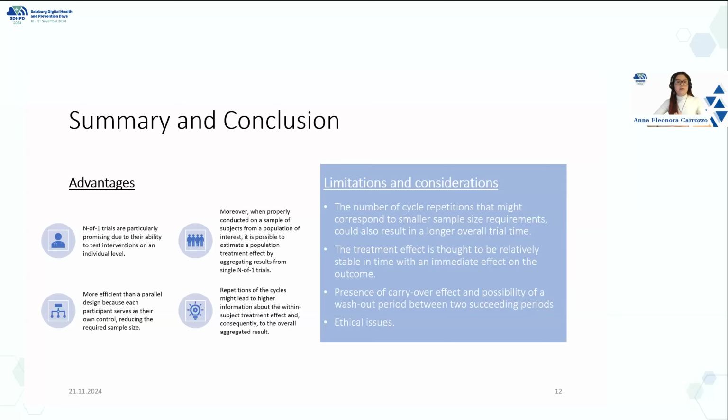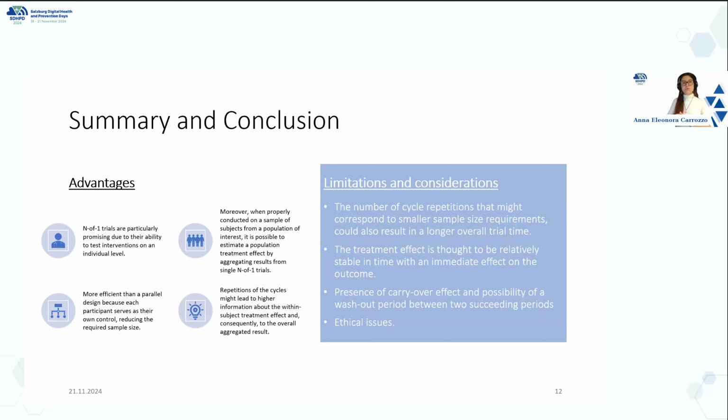We also saw that repetition of the cycles might lead to higher information about the within subject treatment effect and consequently to the overall aggregated result. And this led also to be more efficient with respect to the crossover design.